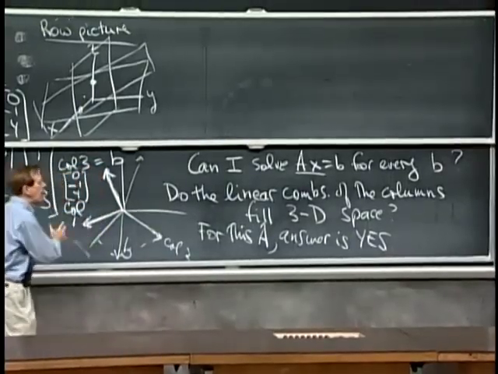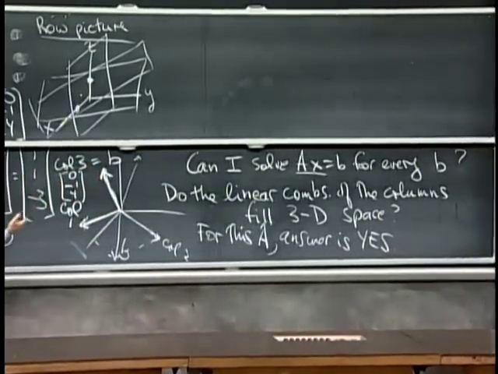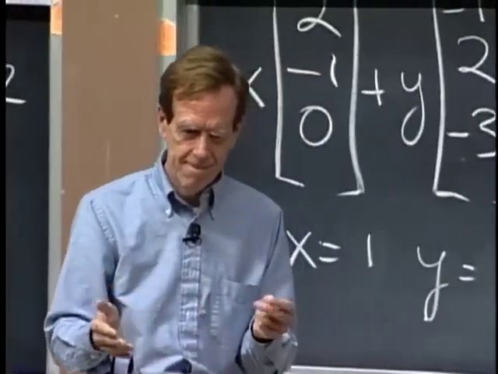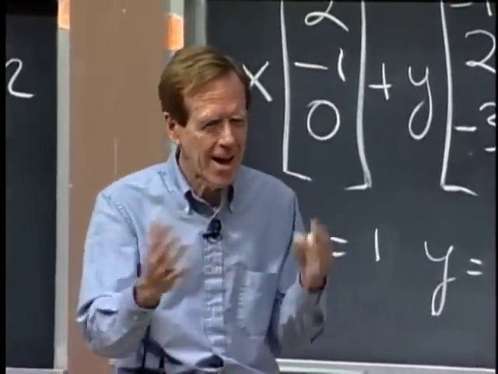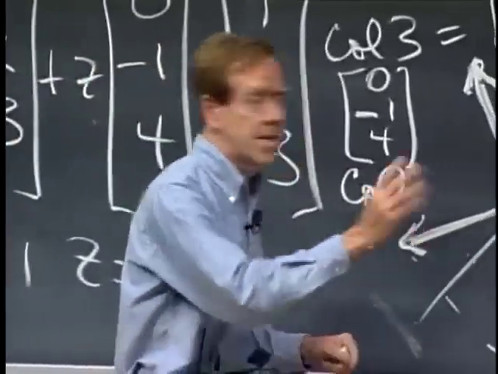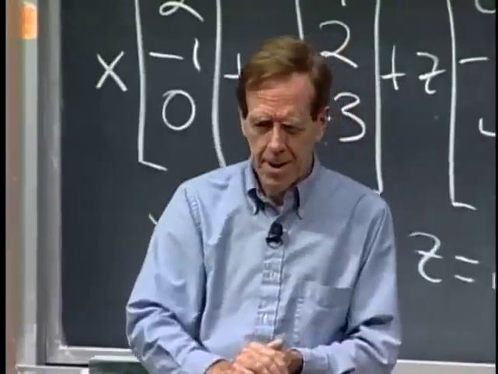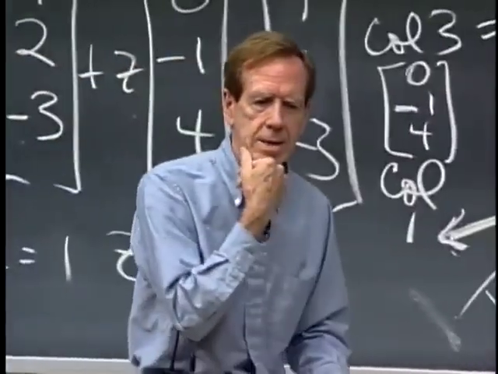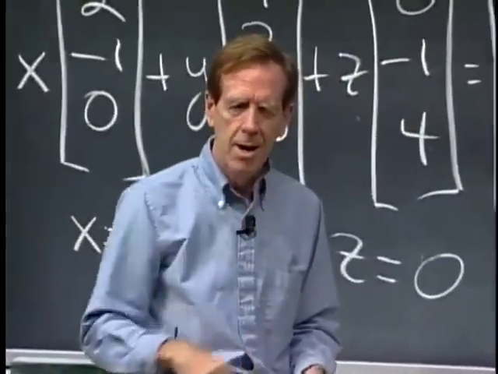But if I choose those columns so that they're not independent, so that the 9th column is the same as the 8th column, then it contributes nothing new, and there would be right-hand sides B that I couldn't get.